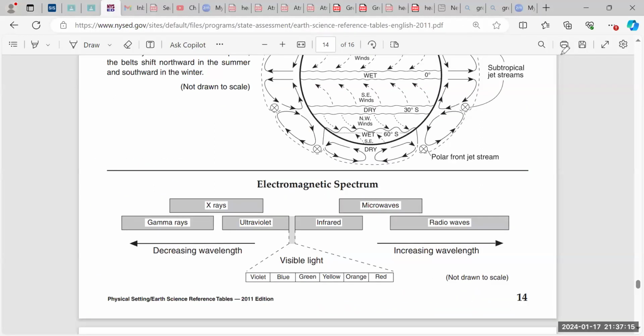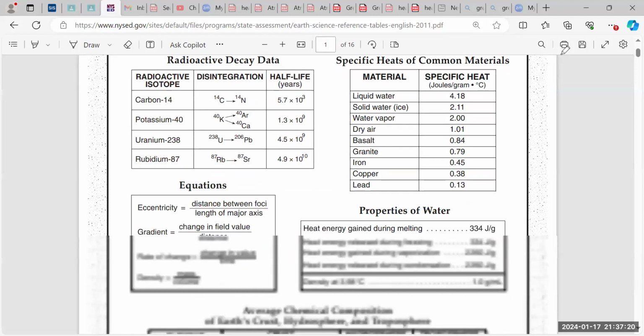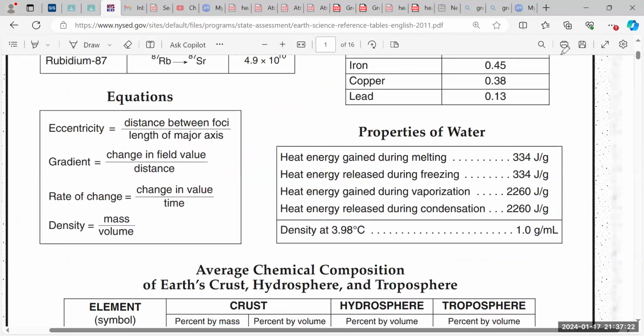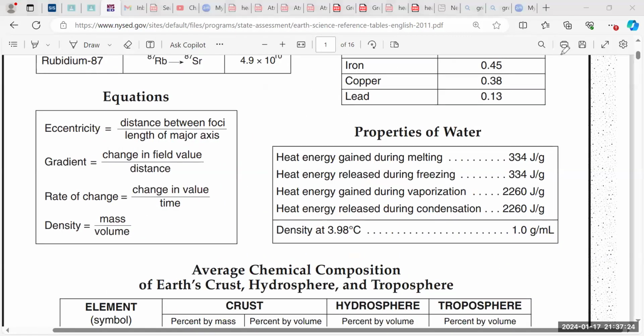What page, everybody? That is correct, page 1. So when I go to the properties of water, I'm looking for only where heat energy is added. And it tells me right here, heat energy is gained through melting, and heat energy is gained through vaporization.